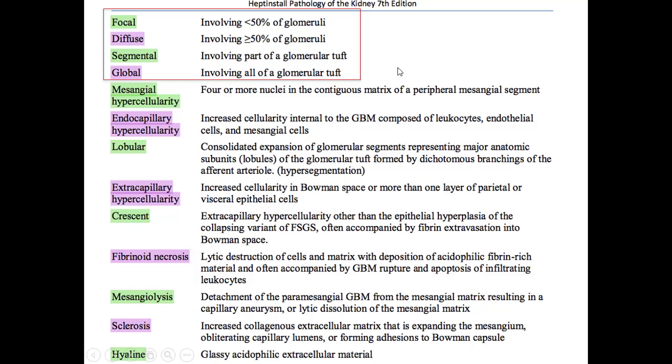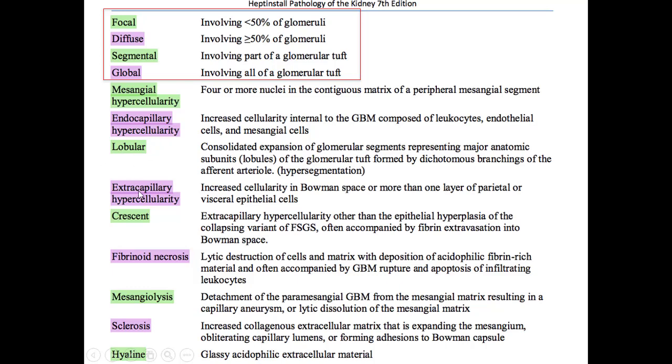Those are very important terminology, to know the meaning of focal, diffuse, segmental, global. Mesangial hypercellularity means an increase in these mesangial cells, as I told you. Endocapillary hypercellularity means that there are inflammatory cells within the capillary or blood space, so it will occlude the blood space or may pass hematuria to the urine.